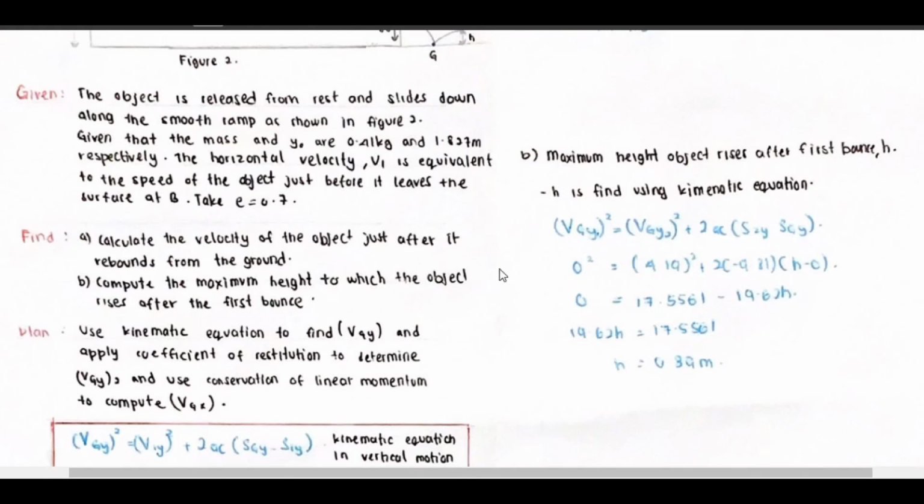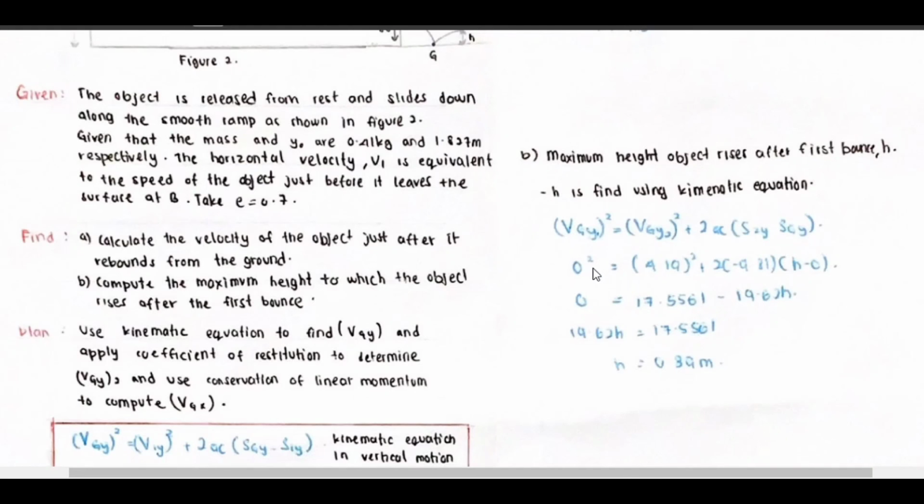The next question is we need to find the maximum height the object rises after the first bounce, which is h. So we use the kinematic equation and substitute the values into this formula.